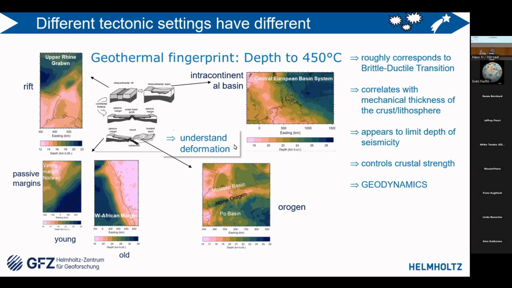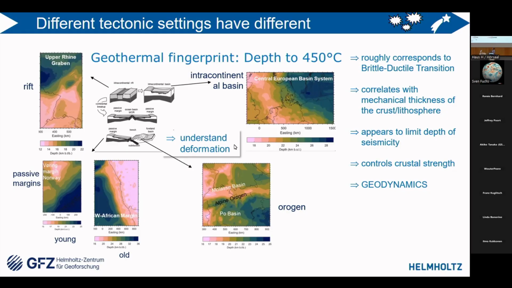That in turn means it also controls crustal strength, and that brings us to my other big topic that was in my title, the geodynamics. So knowing the depth of this isotherm is important to understand which part of the crust is seismic or not. And you can see, if we look now at the rift setting in the Upper Rhine Graben, it's quite a different pattern than the 100-degree isotherm depth, without diving too deep into the absolute values.